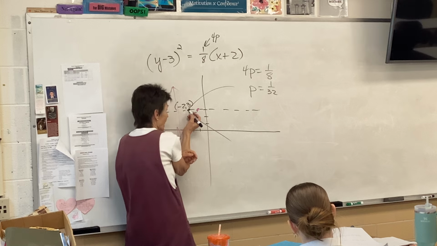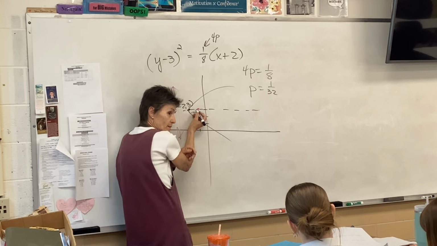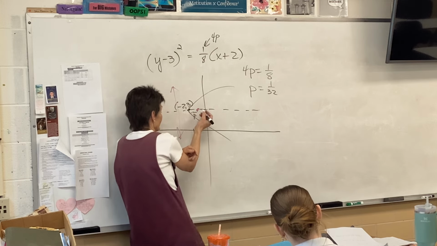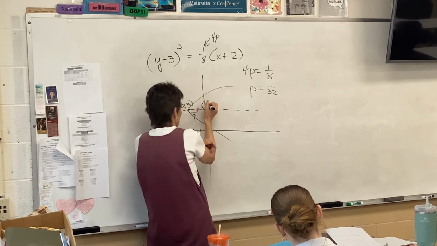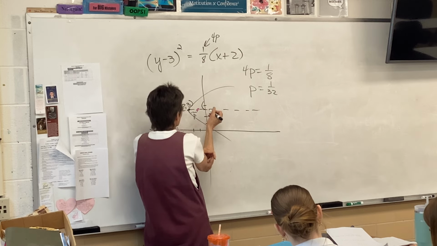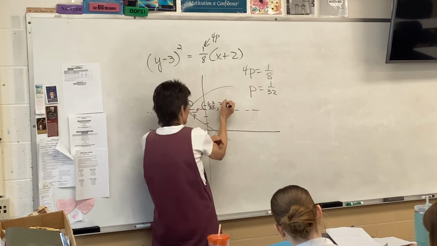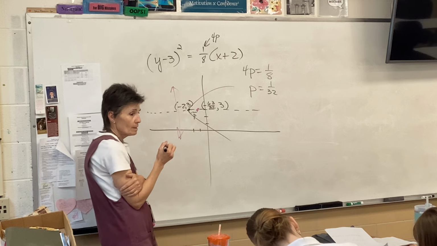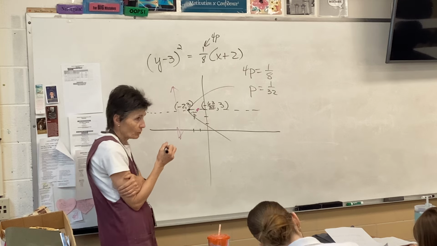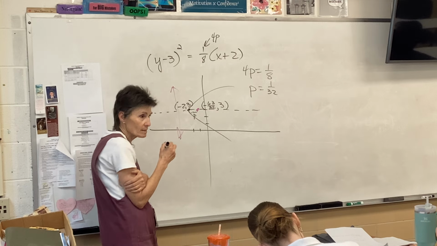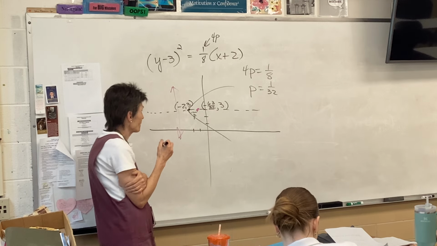Okay, so what is that? -2 plus 1/32. Negative what? -63/32, comma 3. If you wanted to use a mixed number, you could also say -1 and 31/32.